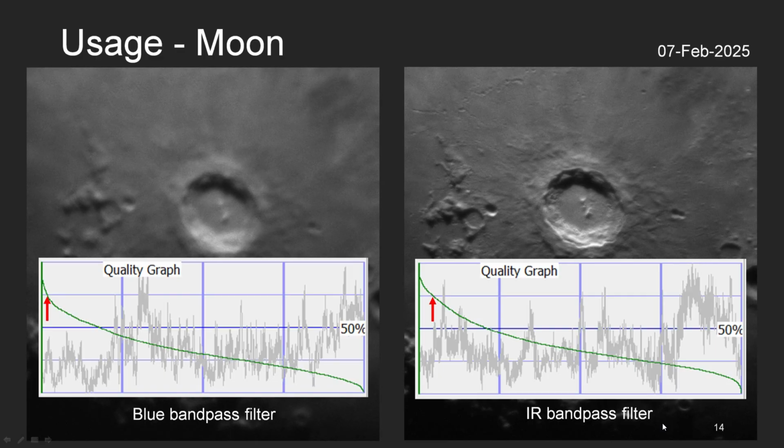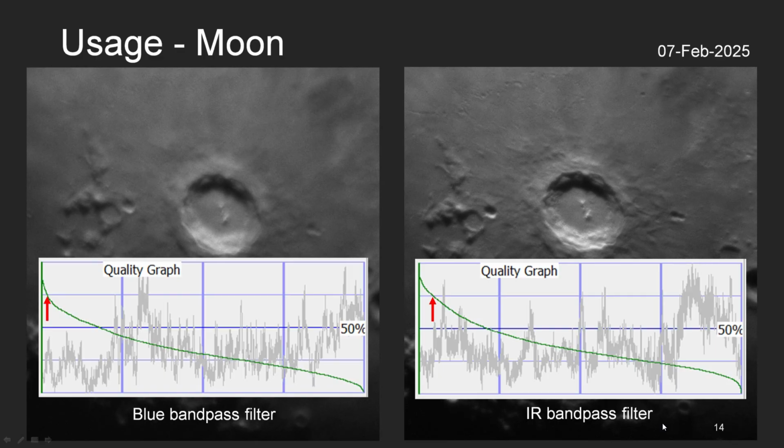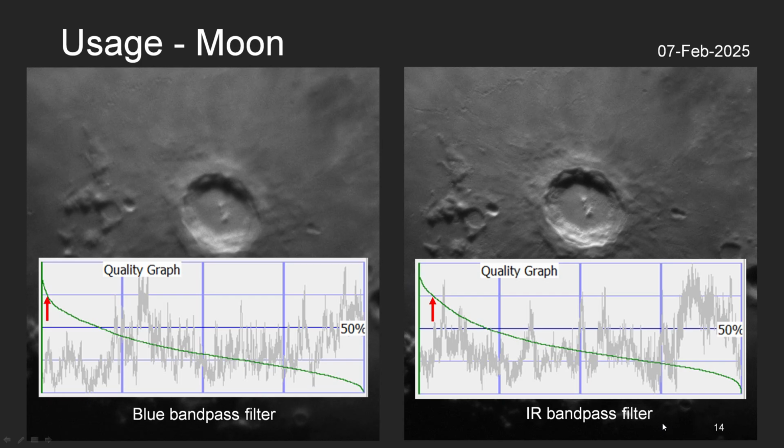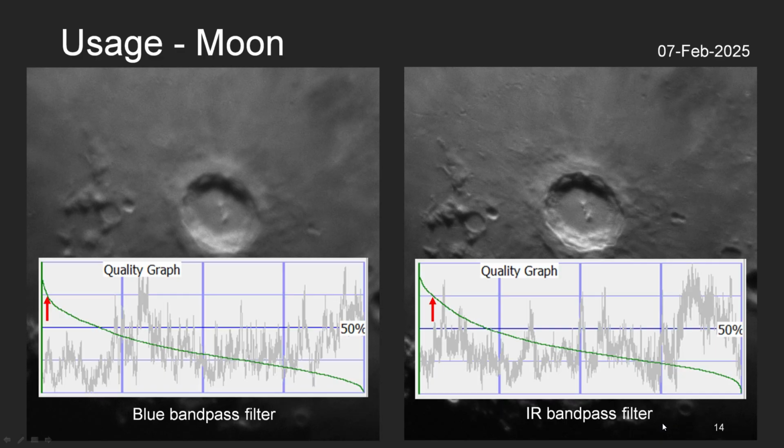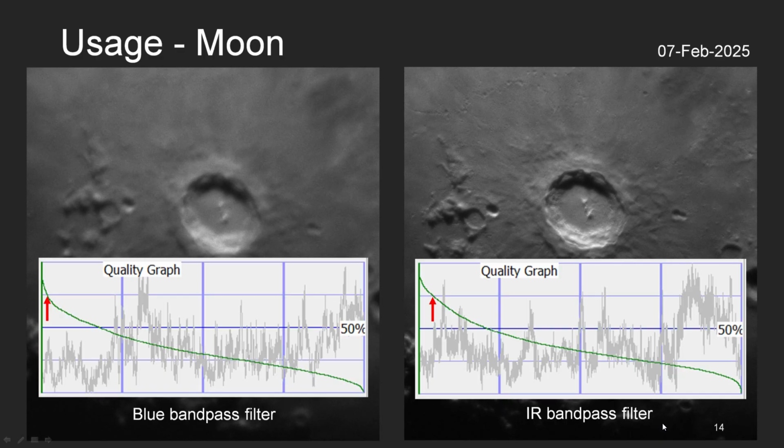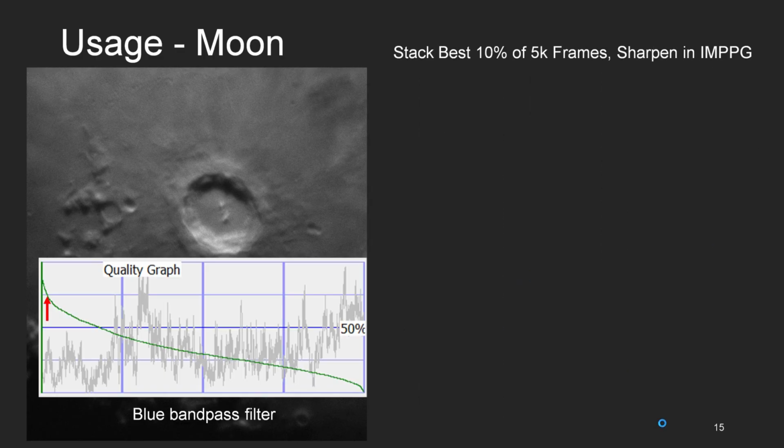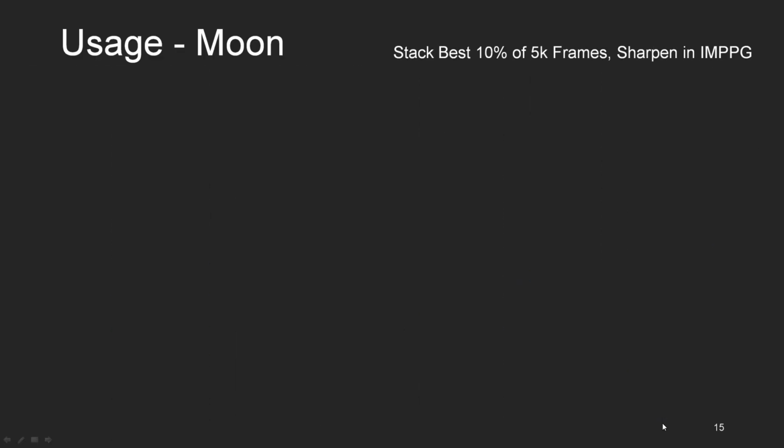Note that these graphs plot relative frame quality within each respective video. The graphs do not reflect the fact that on average, the frames captured with the IR filter are much better quality than those captured with the blue filter. This average frame quality difference is apparent when we compare the final stacked and sharpened images.